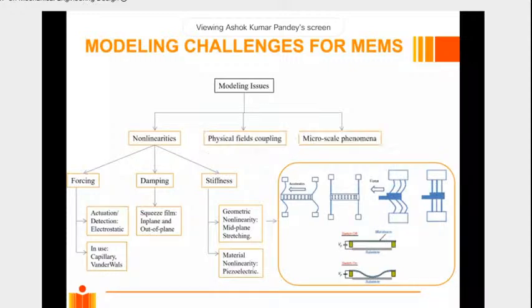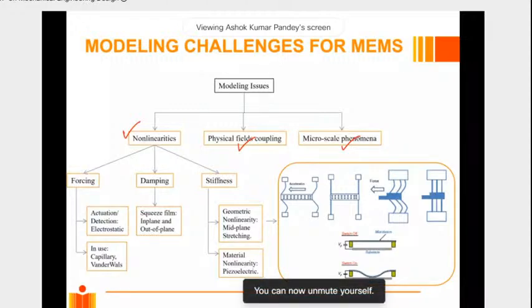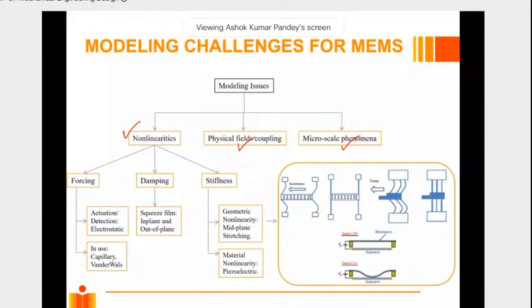One is non-linearities, another one is coupled fields, and the third one is the microscale phenomena that are there. All of them you need to tackle while you do modeling of these MEMS devices. So with this, I would like to stop and open the session for some question and answer.